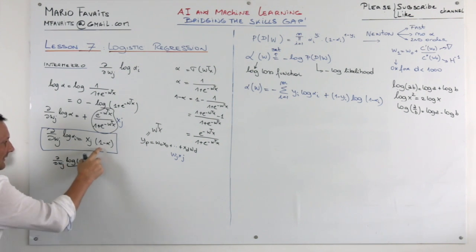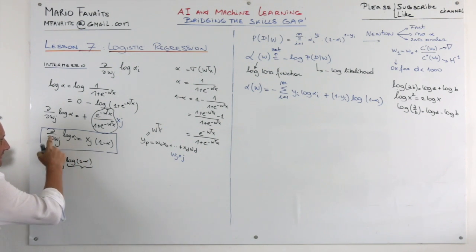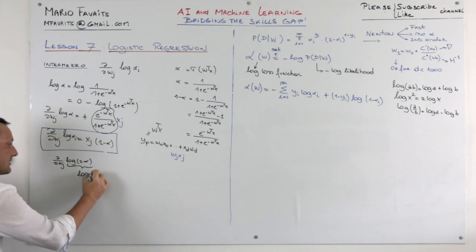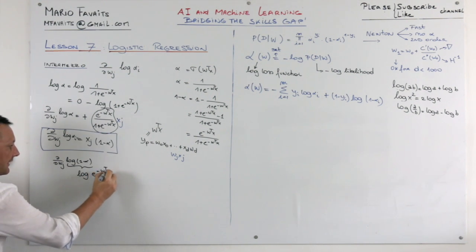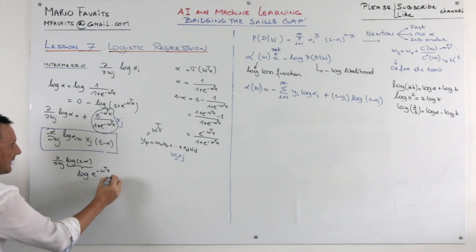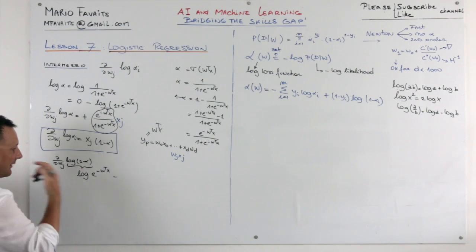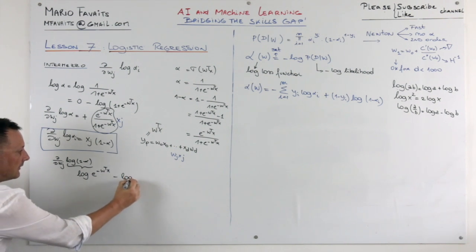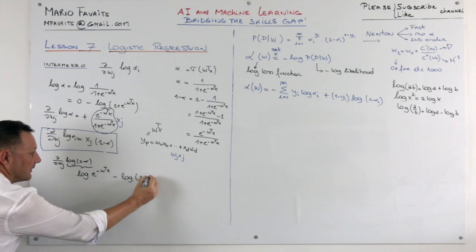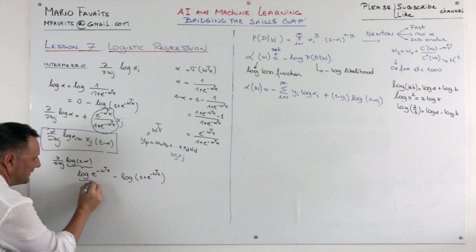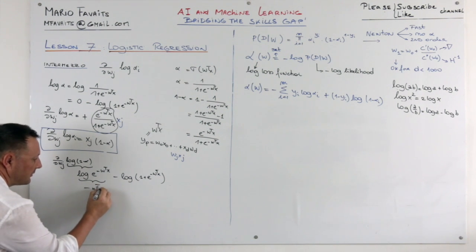The log of 1 minus alpha is, I bring xj to the other side, so that is the log of this divided by xj, w transpose x, so this becomes minus, the log of a divided by b is log a minus log b, minus the log of 1 plus e to the minus w transpose x. Okay, and this here is minus w transpose x.